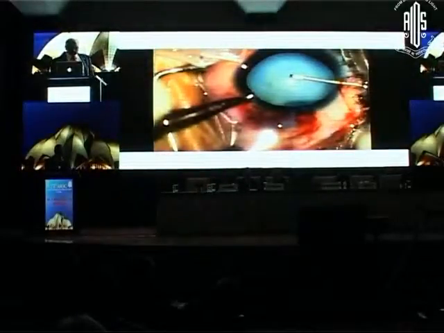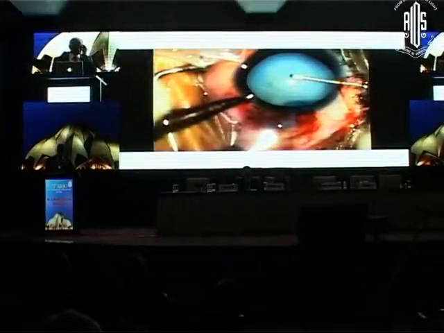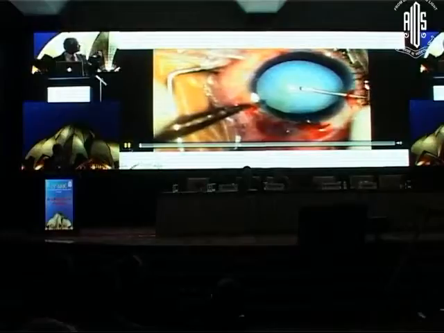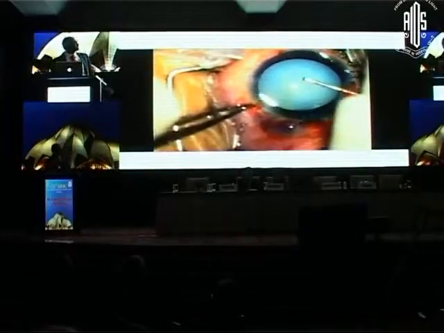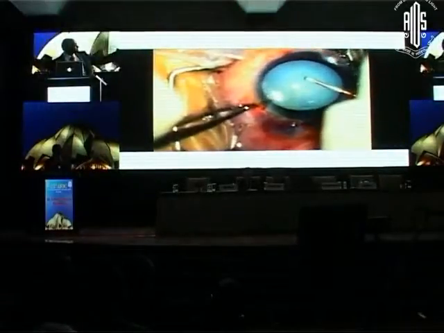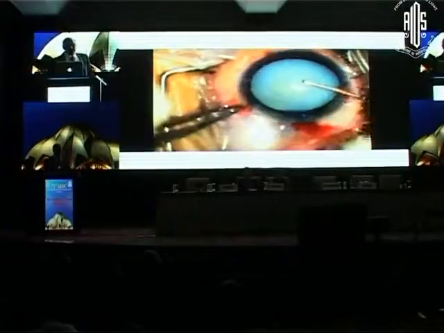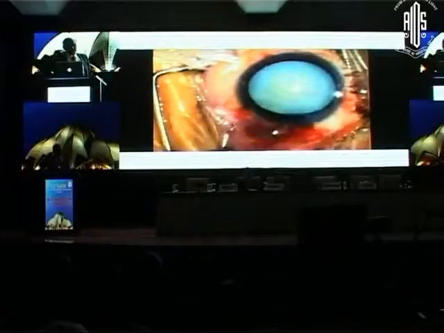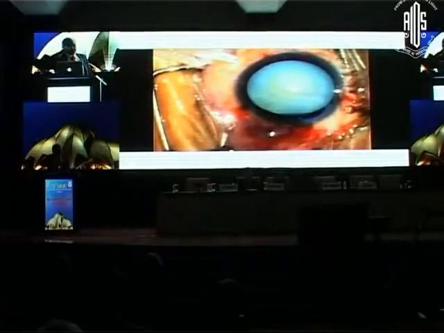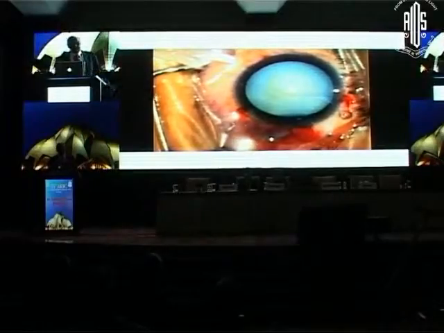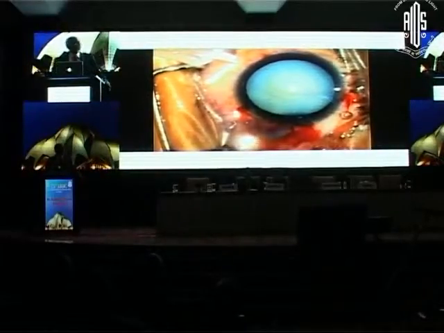Now I will show you one hypermature cataract. See this now? What I was telling is, here I am puncturing the capsule. Always puncture slightly obliquely, never puncture horizontally. A slightly oblique puncture will not create a tear in the anterior capsule.